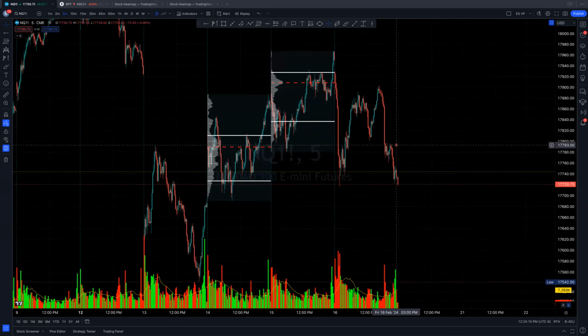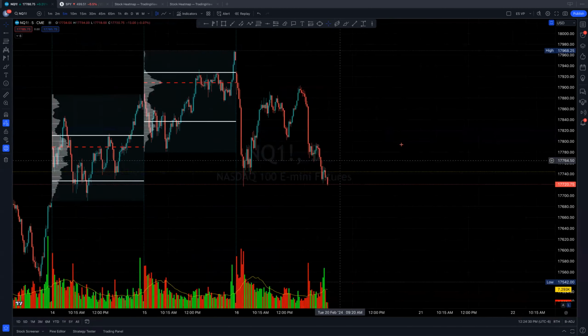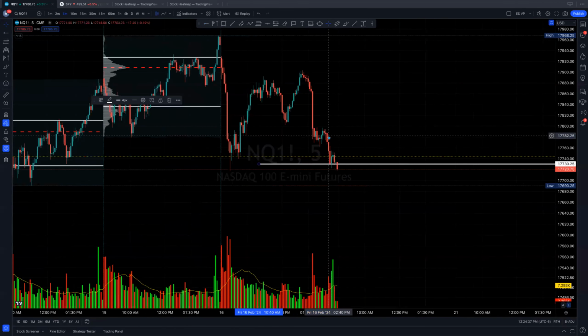That if NQ could hold 770, we could potentially see the sell-off into the 730s. It did go a little bit lower, but I think 730s was the right spot to target before we had a strong bounce. So you can see here, 730 is right there, price flushed down to here, and then we had a pretty strong bounce up right here. So I think 730 was the right spot before a bounce up.